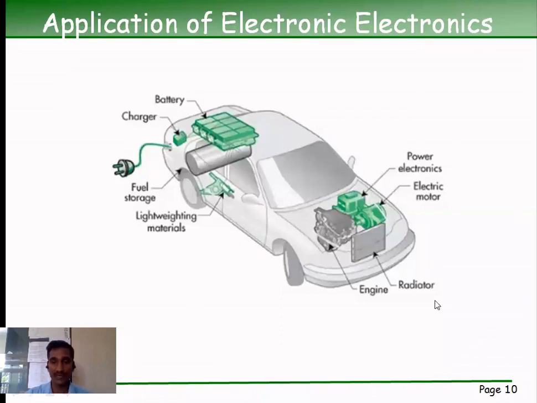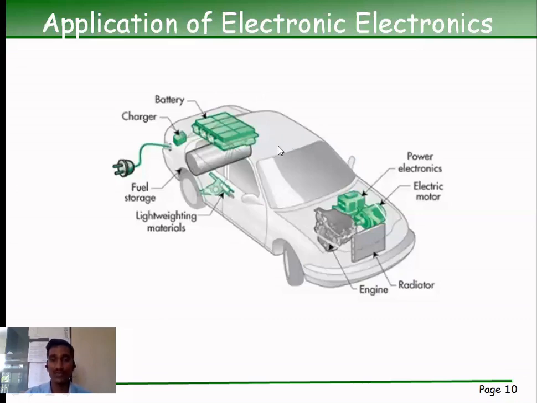So this is one of the big applications of the power electronics. Right now we are looking at vehicles which are running on electricity. So there are some vehicles. Tata has also launched battery operated vehicles. At that time, power electronics is playing a very important role.